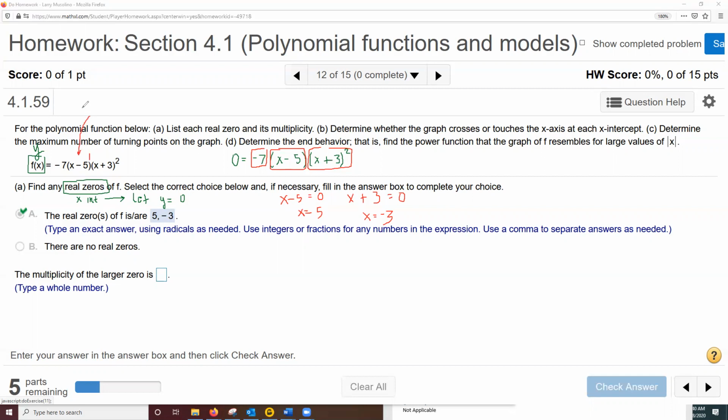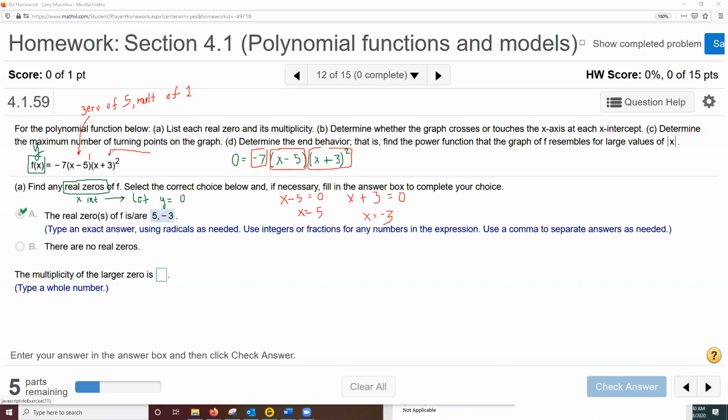Remember, the zero for this was 5. So this parenthesis is a zero of 5 with a multiplicity of 1, because I can think of that exponent on the parenthesis as telling me the multiplicity.